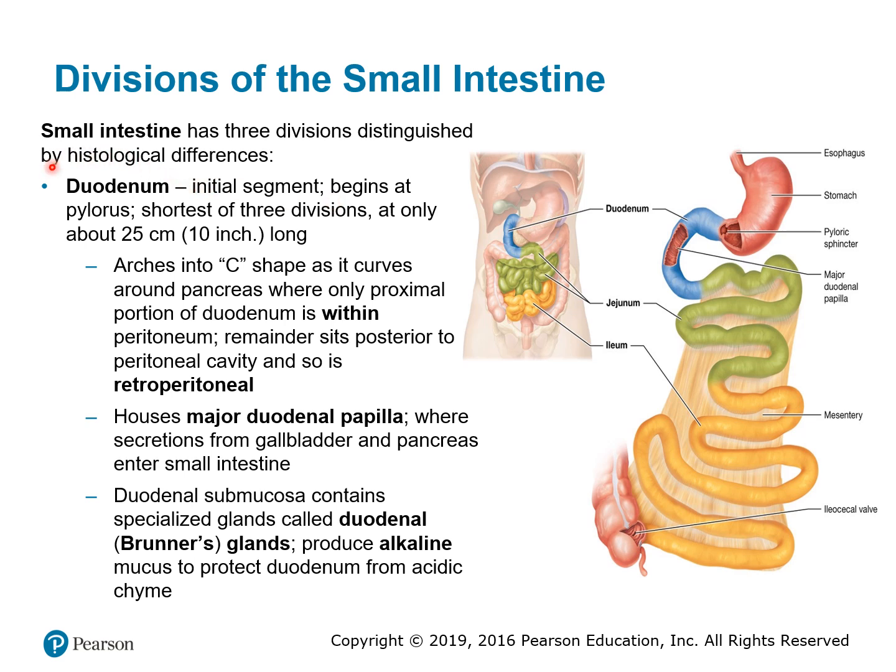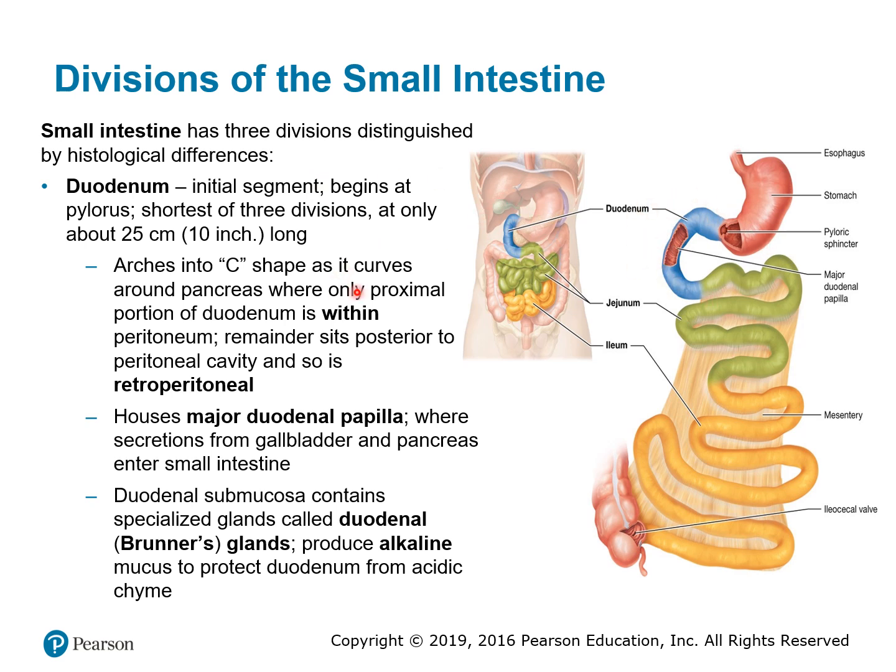We learned that the duodenum is the first, or initial, segment of the small intestine, connected to the stomach. So here is the stomach, and here we have the duodenum, which is the shortest of the 3 segments, about 25 centimeters, or 10 inches, long, and if you notice, it forms a C shape.